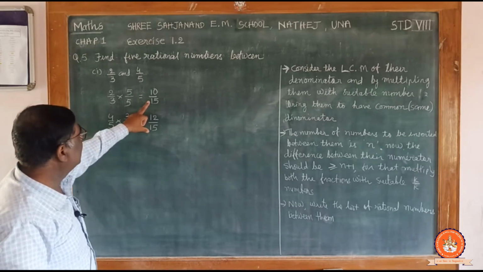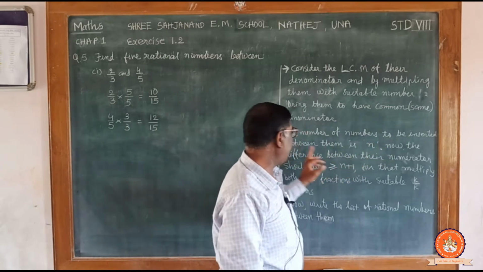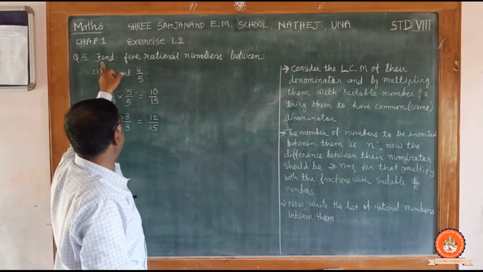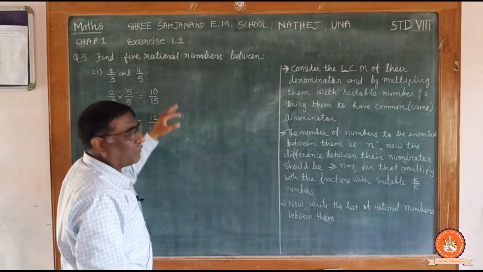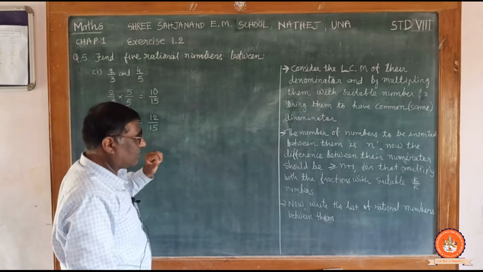But my friend, now the number of numbers to be inserted between them is n. How many numbers are to be inserted? Find 5 rational numbers. So we want to insert 5 numbers between these two numbers.